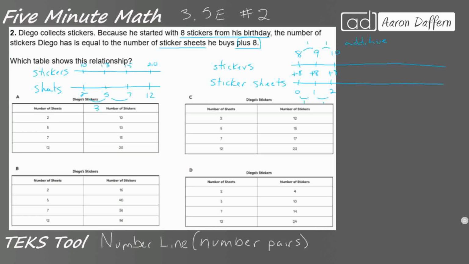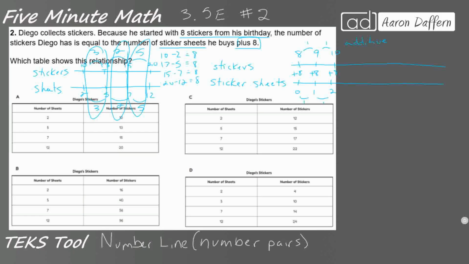All right, so we're adding 3, 2, and 5. And look what we're doing up here. 3, 2, and 5. When these are the same, that means we have an additive relationship. And so we can see this is either 10 minus 2 or 13 minus 5, or 15 minus 7 or 20 minus 12. All of those equal the same thing, that plus 8 that we're looking for. So A is looking pretty good.